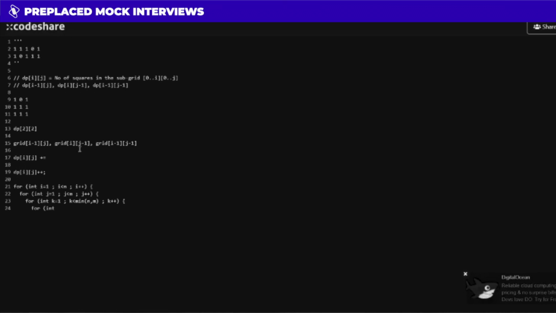If all three are 1, what I could do is dp of I minus 1, j minus 1, because for every one of the dp of I minus 1, j minus 1, I could get an extra one. For each of them, I could build a perfect square, plus one.